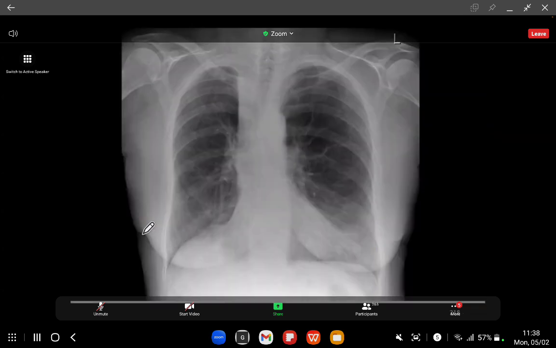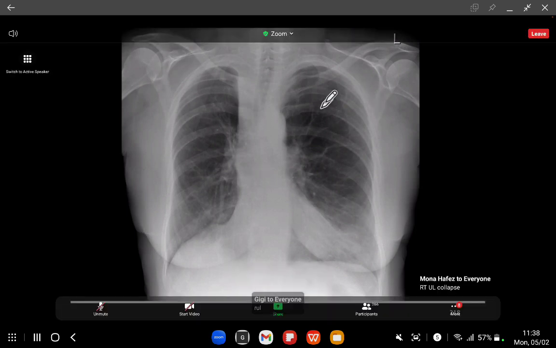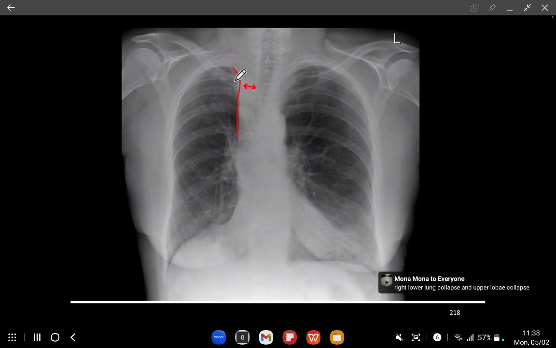Okay, this patient has got a cough and weight loss. Right lower zone nodule, possibly. Left lower lobe collapse, no. Right upper lobe collapse. The right upper lobe collapse is so tight that it's just widening that paratracheal stripe, but it's in a straight line. And we've got pulling up of the hilum.